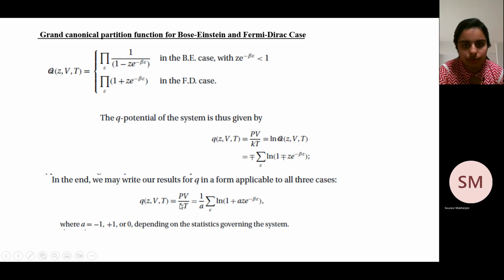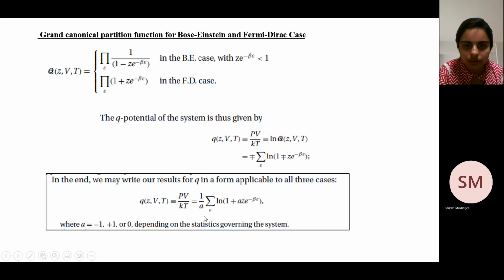Now you have this PV by kT, so you can use this to find the different thermodynamic parameters or the equation of state. If you generalize for all the cases, you would get something like this, where A is -1 for Bose gas, +1 for fermions, and 0 for the Maxwell-Boltzmann case, right? For today's lecture we would put the value of A as -1 and try to solve for the Bose gas.